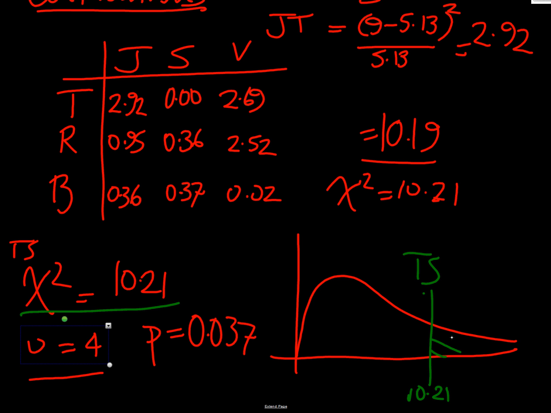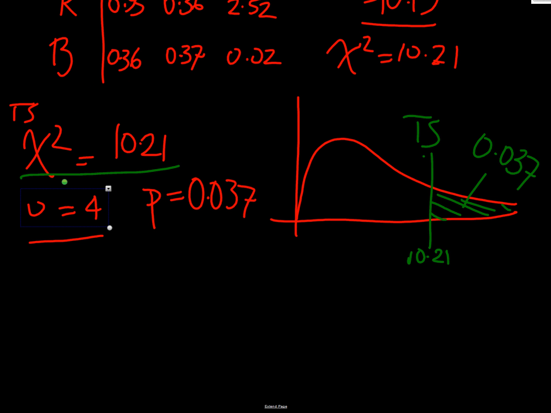The probability beyond it here is 0.37. So we already know that that is less than our significance level of 5%, and therefore we're in a significant position. But rather than doing a probability to probability comparison, they're going to ask us to do a critical value comparison.